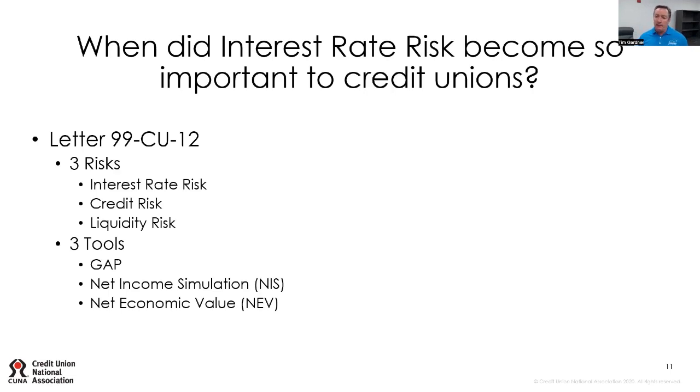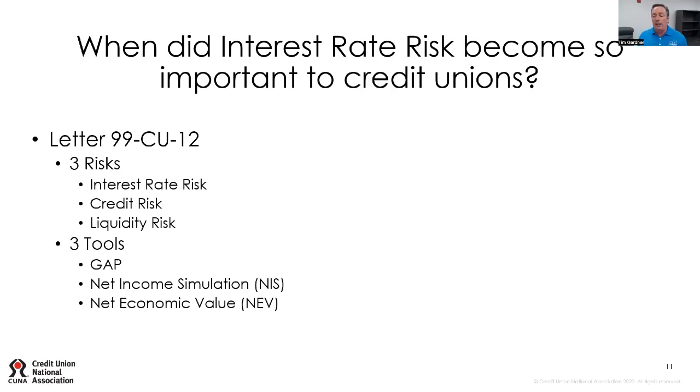So why did ALM, or interest rate risk, become such a big deal for us in credit unions? There was a letter published in 1999. When you see letter 99-CU-12, that's an NCUA letter, and the first two digits are always the year that it was posted.